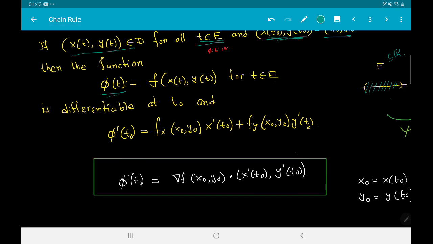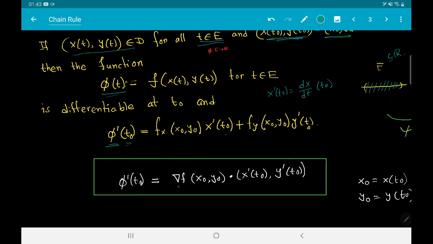Moreover, the derivative of phi at the point t0 is given by f_x at the point (x0, y0) times x'(t0), where x'(t0) is nothing but dx/dt at the point t0, plus f_y of (x0, y0) times y'(t0).